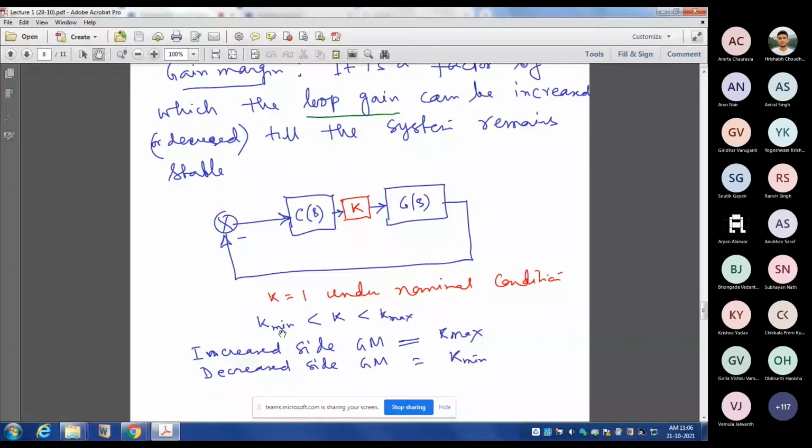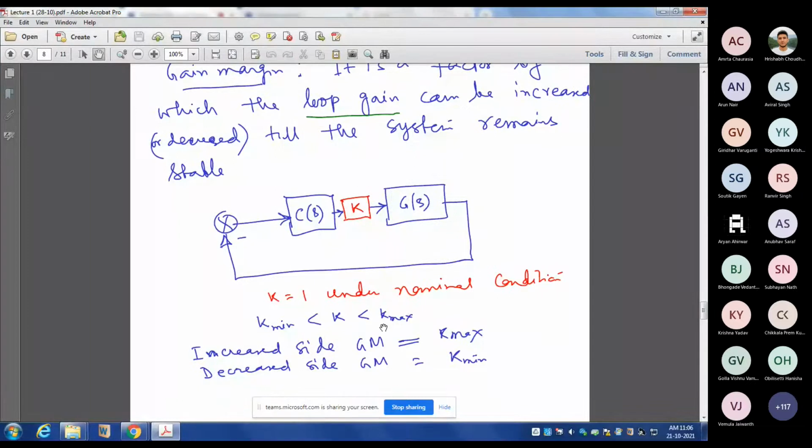Of course, k min I could have written here. Note down, I will correct it when I upload the PDF version: 0 less than k min, because this factor I am talking about is a positive factor. So 0 less than k min less than k less than k max.